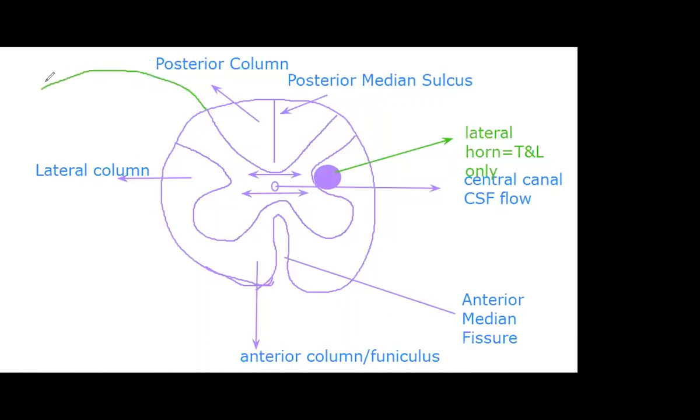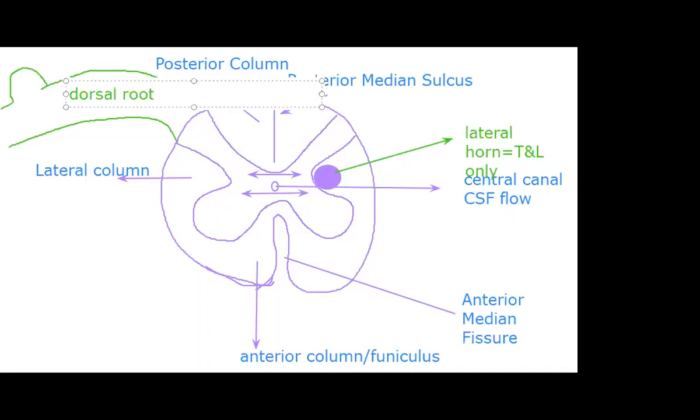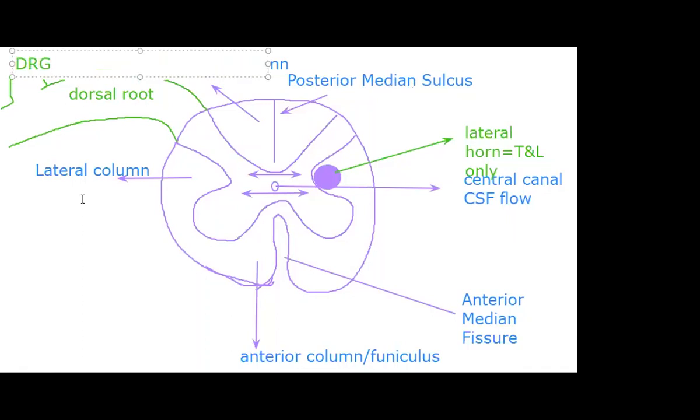Whenever you're here, I want you to make a really big bubble on this side right here. That bubble is going to be important. Okay? This thing that we just drew here is going to be called our dorsal root. And the bubble I'm going to abbreviate DRG, but the bubble is the dorsal root ganglion.